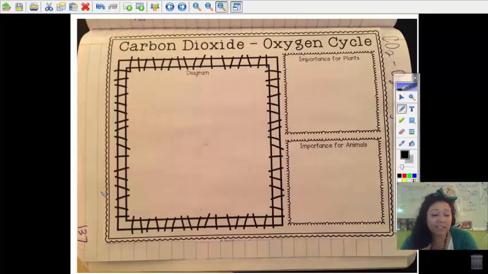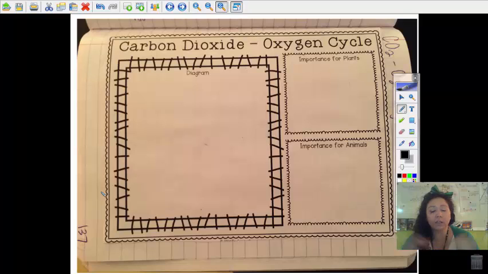Once they have their sunlight, their carbon dioxide, and the water, it cooks up and produces glucose, and it also produces oxygen, which the plant does not need, so it releases it into the atmosphere. We are going to focus on those two gases, the carbon dioxide and the oxygen.